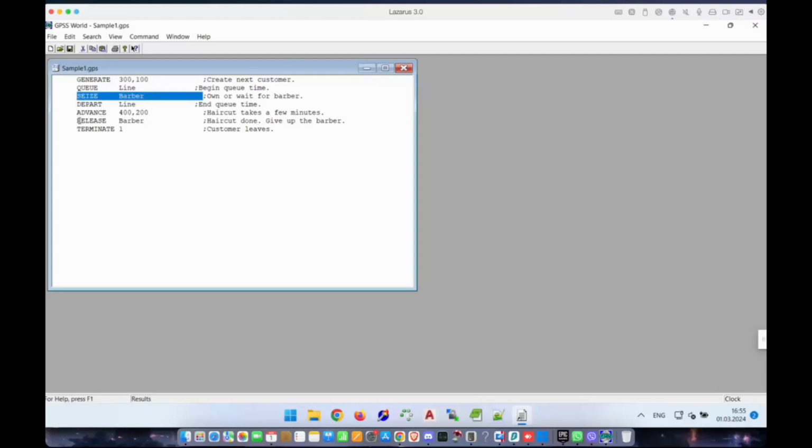That's the idea. And by release, the transact makes the facility free, or the facility slot becomes free of the transact.